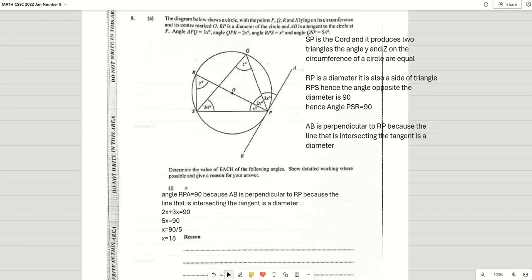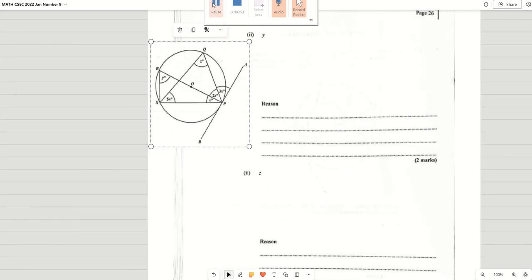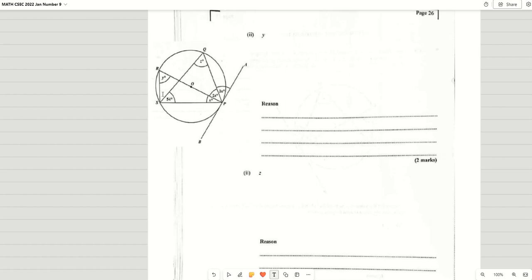Let's see, they want to know what is y. So instead of me going up and down, I just put a picture here. They want y, so we know y is this. Immediately you already know that x is equal to 18. We know that RSP is 90 because RP is the diameter and it is also part of the triangle.